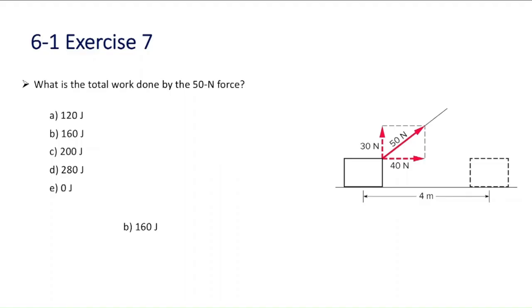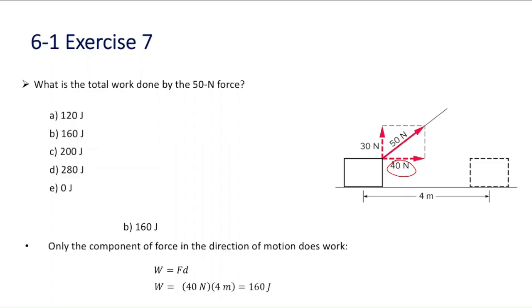Remember, only the component of the force in the direction of motion contributes to the work, and that's the horizontal component, 40 Newton. So it is 40 Newtons times 4 meters, which is 160 joules. So what's the big idea here? Even though the total applied force is 50 Newton, the vertical part doesn't count in this situation because it doesn't move the crate. Only the component along the motion matters for work.